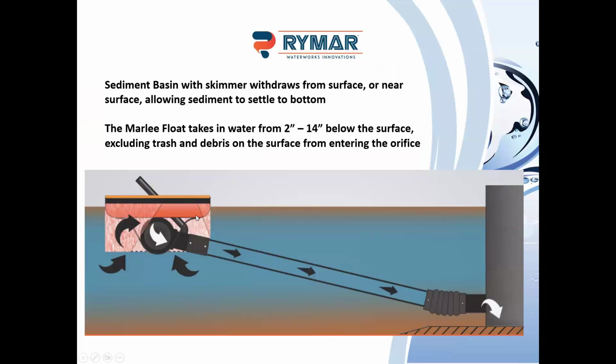Skimmers came around about 25 years ago now, starting in North Carolina, and they float on the surface, taking water in from the surface or near the surface and releasing it near the top of the water column. That's generally cleaner than the water at the bottom of the water column, and it allows more time for sediment to settle to the bottom and get trapped in the sediment basin.